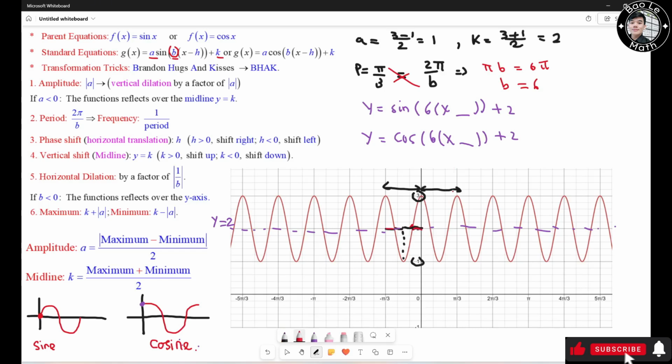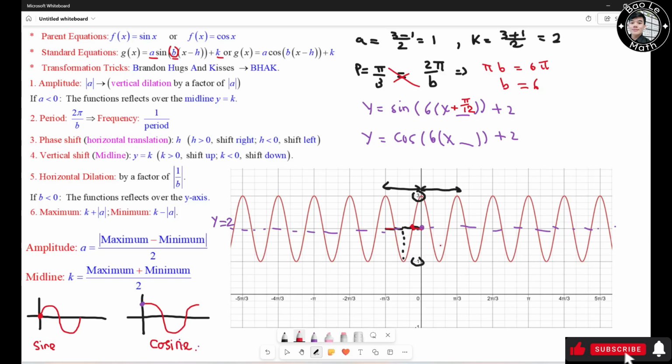So you take pi over 3, you divide by 4. It's going to be pi over 12. Now the sine function starts from the midline, so it should be right here. Now it shifts left pi over 12 units. So you need to add pi over 12.